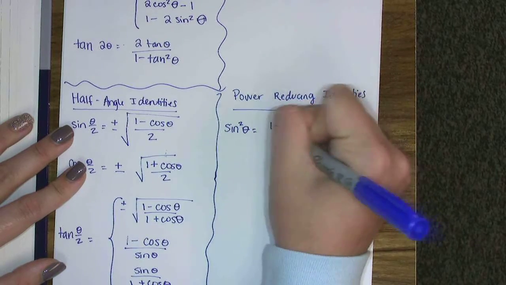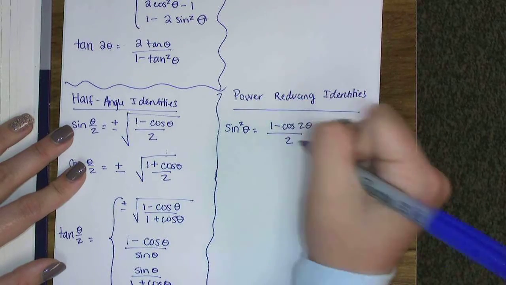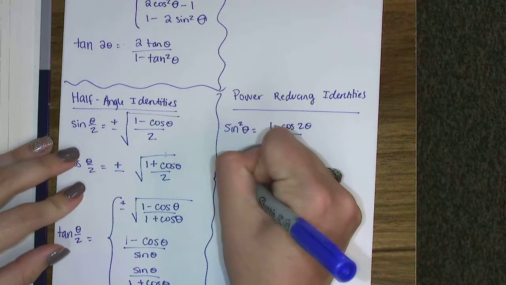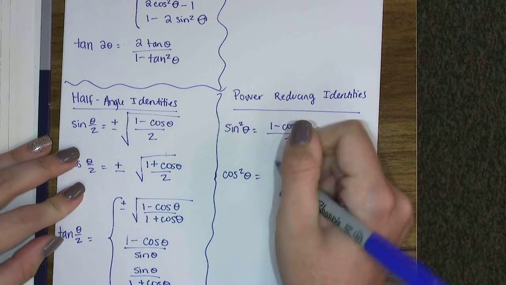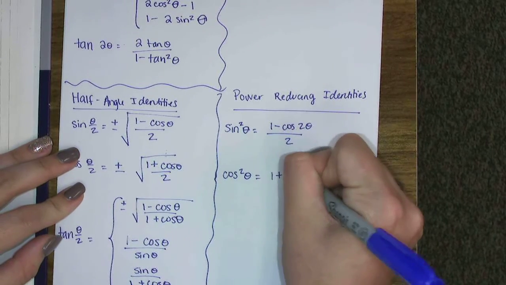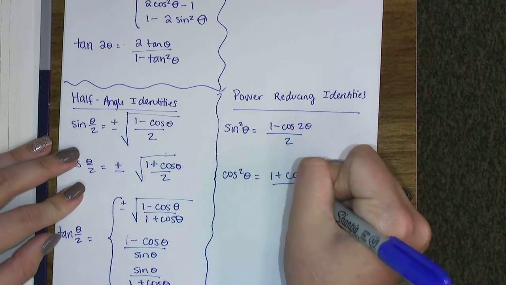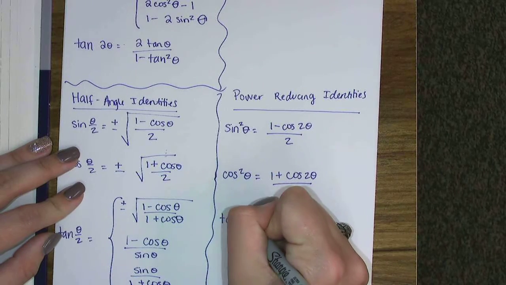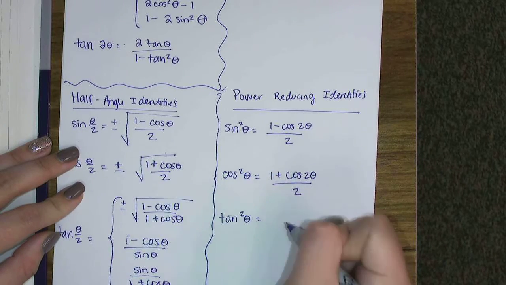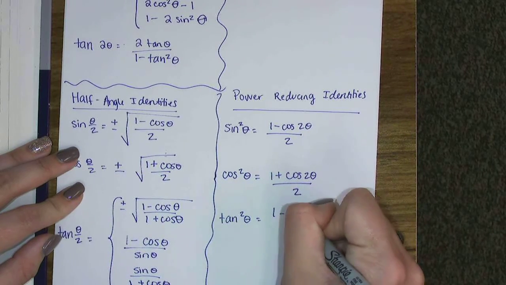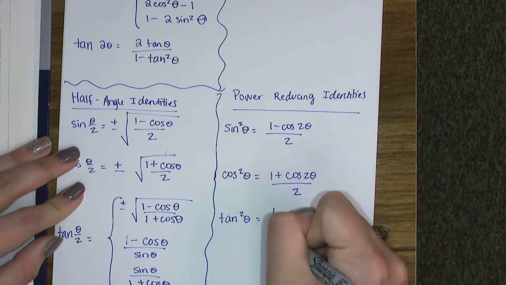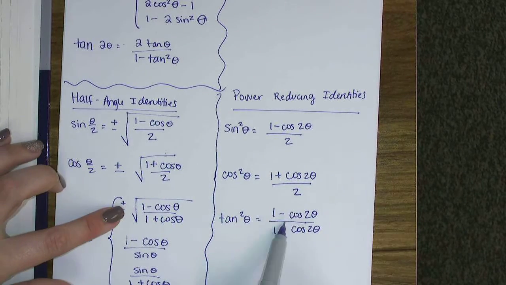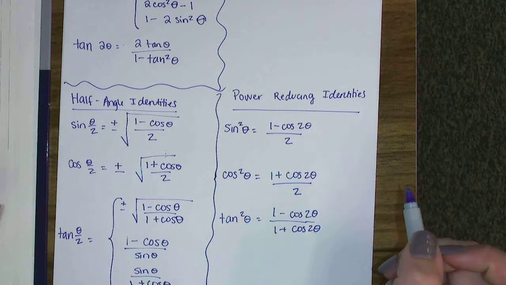Cosine squared of theta is 1 plus the cosine of 2 theta, all over 2. And lastly, the tangent squared of theta is equal to 1 minus the cosine of 2 theta over 1 plus the cosine of 2 theta. You can see a similar pattern with these ones.